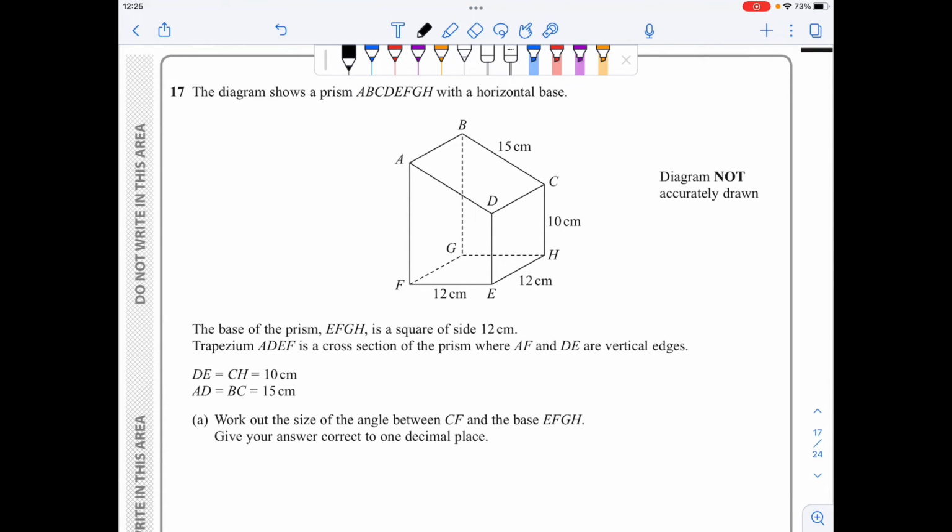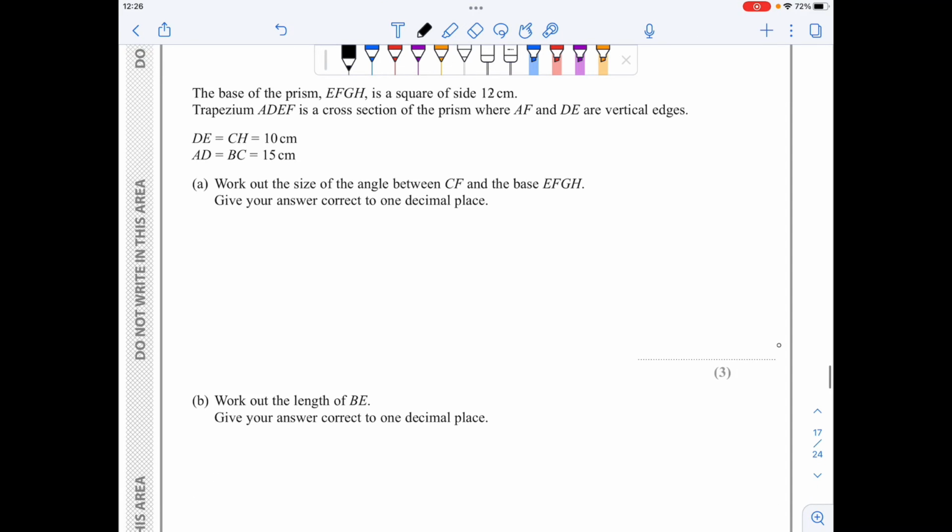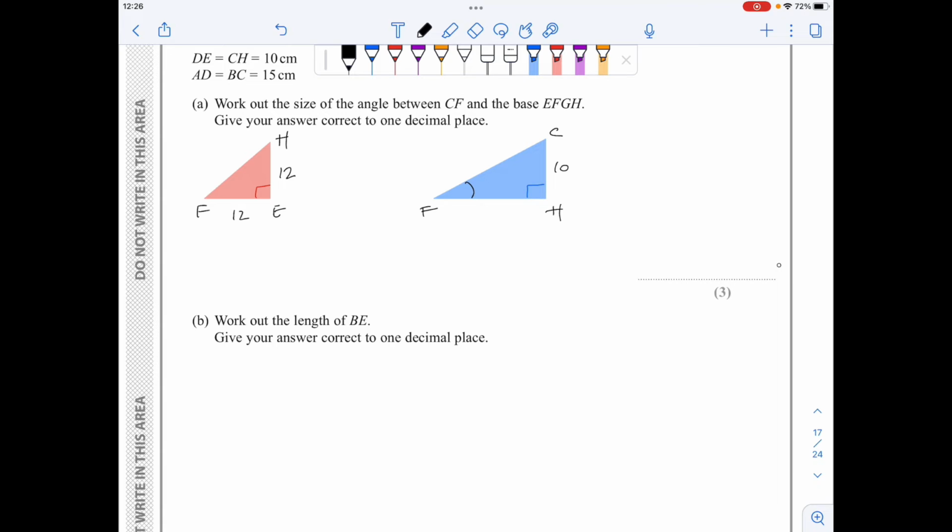In question 17 part A, I will need to work out this angle here. So I'll need this triangle whose base I don't know, but I can find using half of the base of the shape. So let's color code the required triangles and let's extract them to part A. So from the red triangle, I have FH squared is equal to 12 squared plus 12 squared.